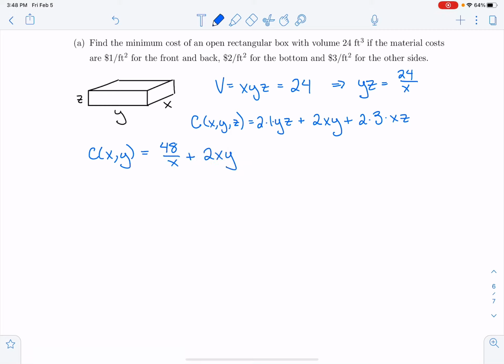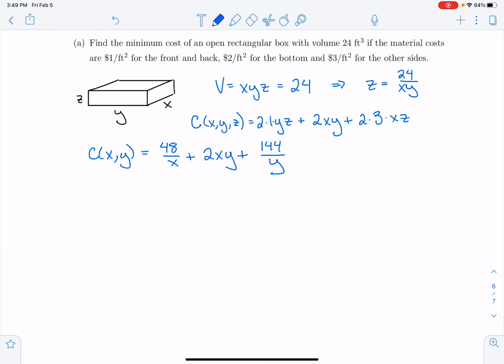And then the last term has an xz in it. So I'm going to divide by y and multiply by x. See, xz is 24 over y. Okay, so I get 6 times xz, which is 24 over y. 6 times 24 is 144 over y. Okay, so that's kind of a nice way to substitute in there.